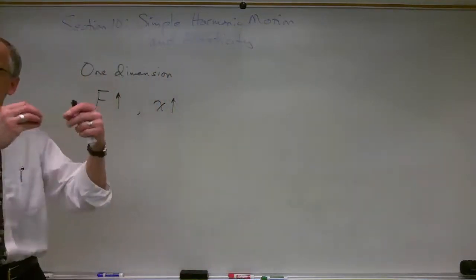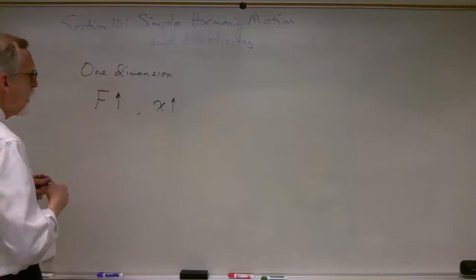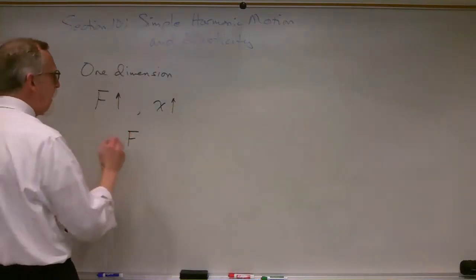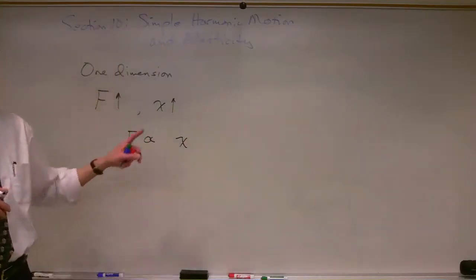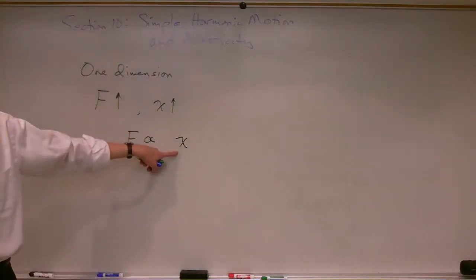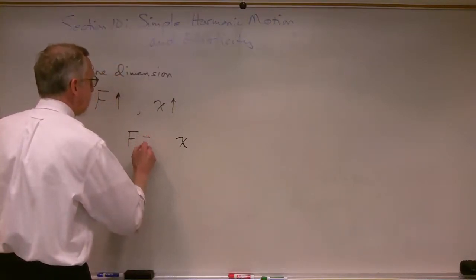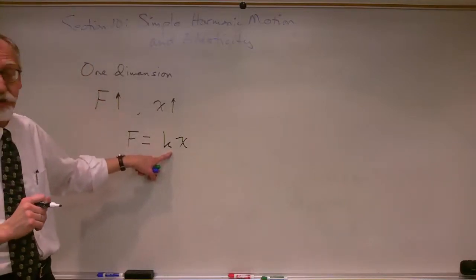Assuming that we don't displace it too much, either extension or compression, we'll make an approximation. We will say that the force is actually proportional to the displacement. To make this an equality, we will stick in a constant of proportionality, k, and I'll define k in just a second.